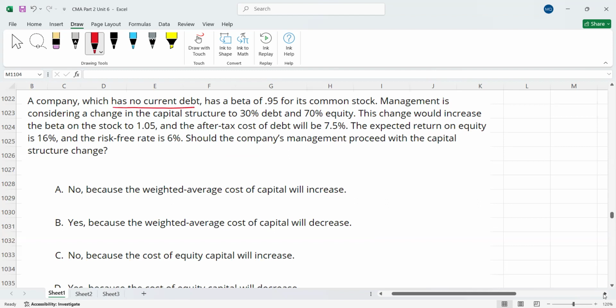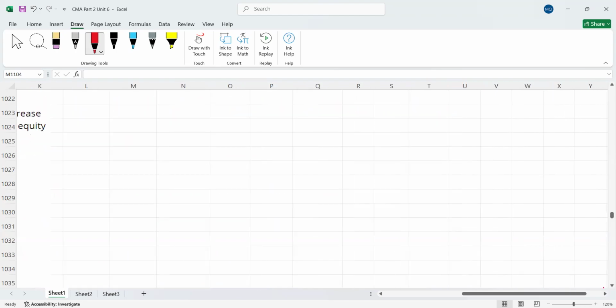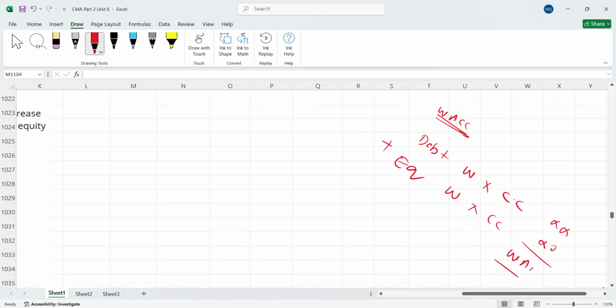Please remember here, when we calculate the weighted average cost of capital, what do we need? For example, if we have debt, we need the weight of debt times its component cost, right? And if you have equity also, we need the weight of equity times its component cost. These two you add, and this is called your weighted average cost of capital, WACC.